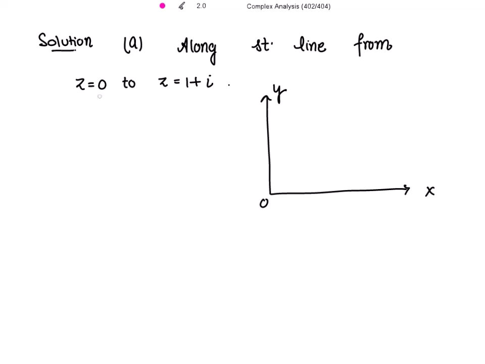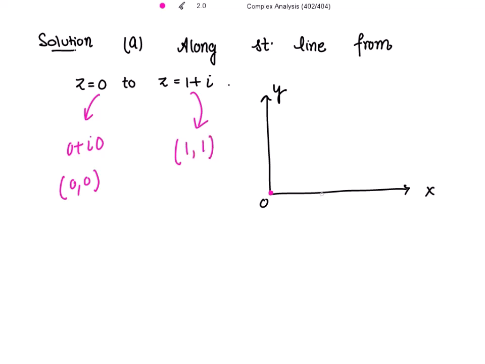If you notice, we can write this 0 as 0 plus iota 0, which means we have this coordinate to be 0, 0, right? If this is your x-axis and y-axis, then z equal to 0 lies over here, and then z equal to 1 plus iota. The coordinate would be real part is 1, imaginary part is 1.